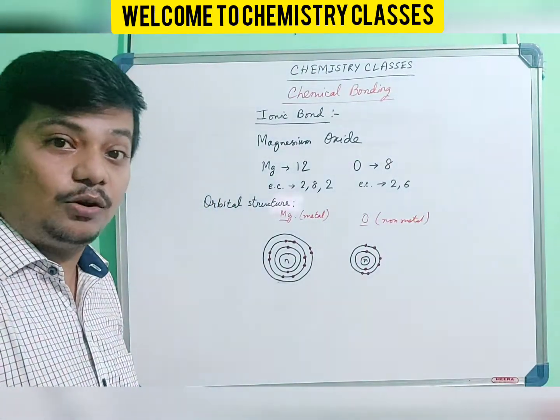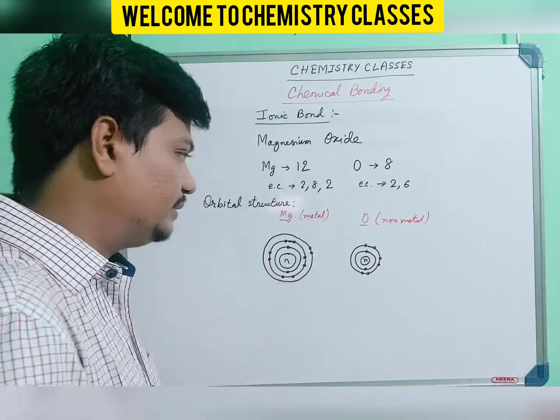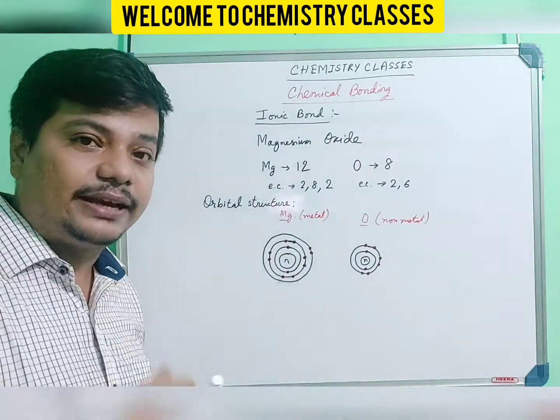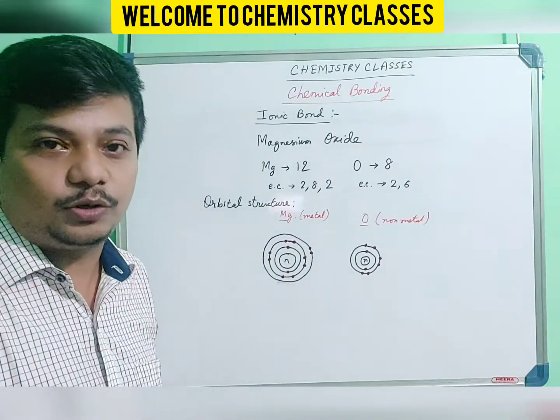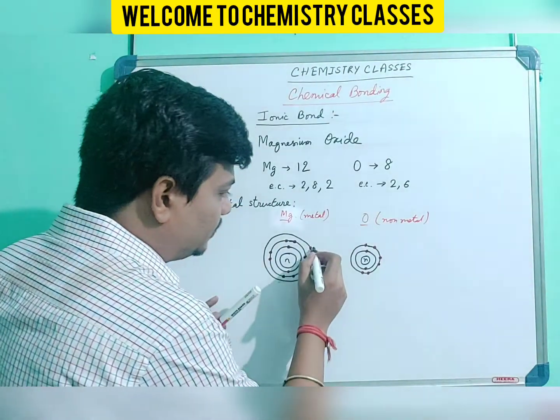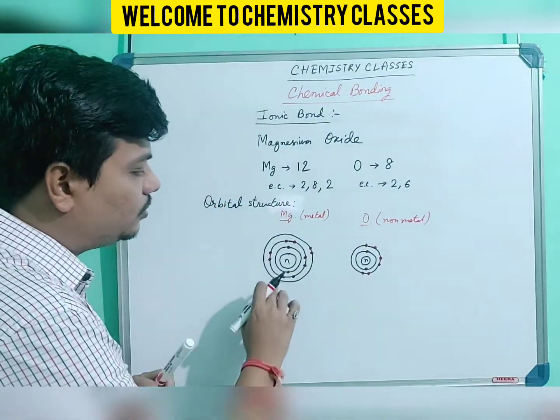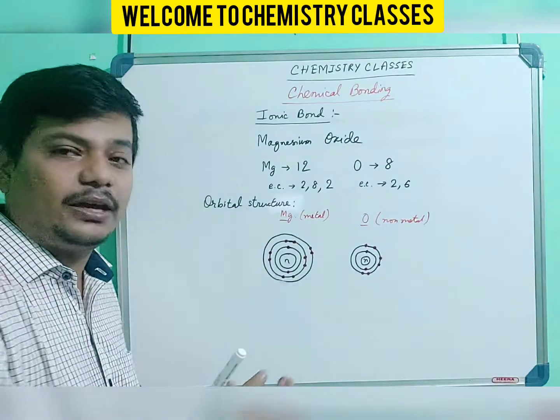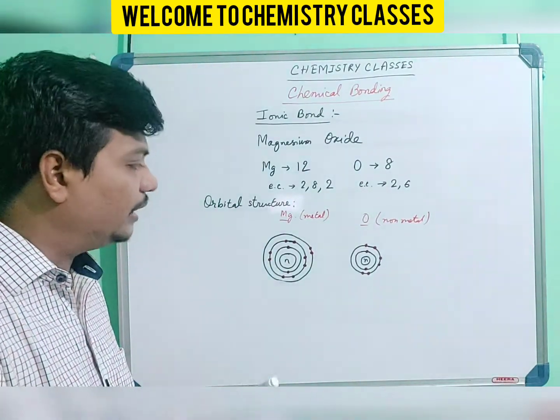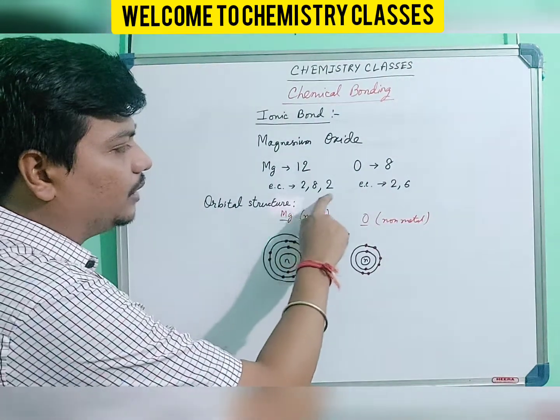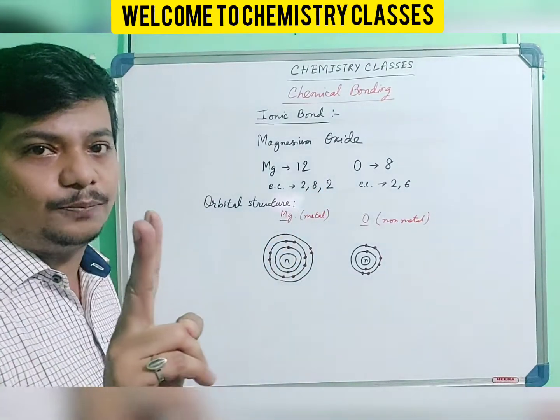Now comes the big trick. As I said in the second point, transfer of electrons takes place. These are the 2 extra electrons of magnesium. Why am I calling them extra electrons? Because magnesium, from the configuration, has 2 options.